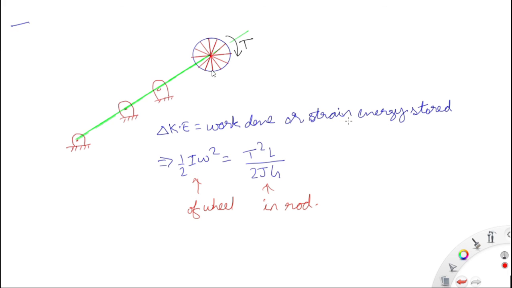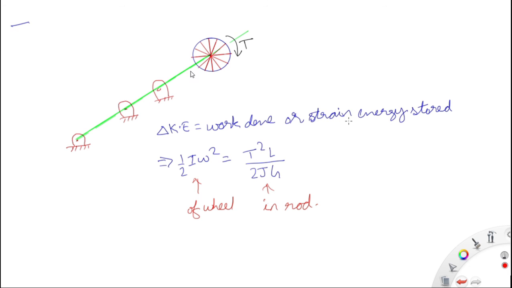I is the moment of inertia of the wheel, omega is the angular speed of the wheel, and T is the torque that will be experienced by the rod.